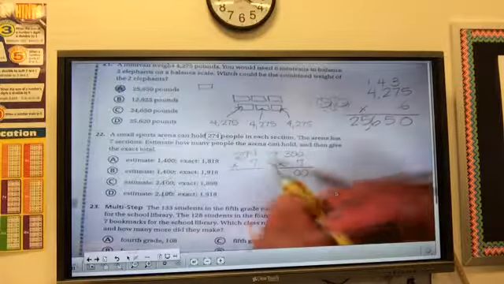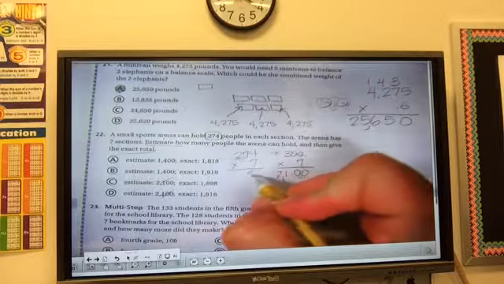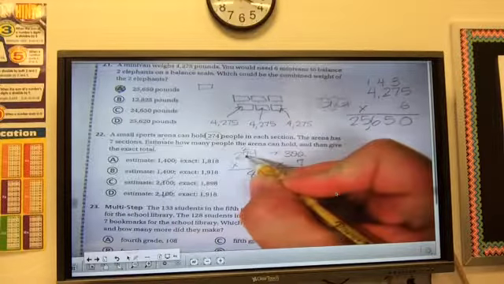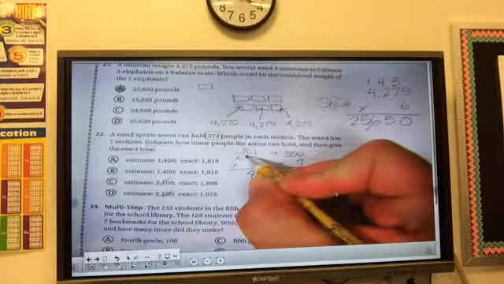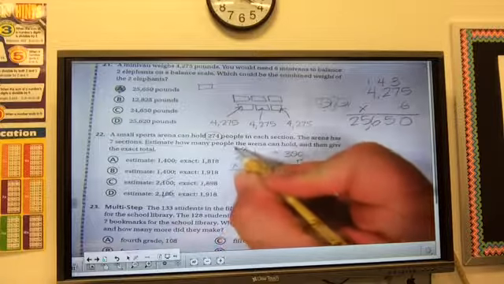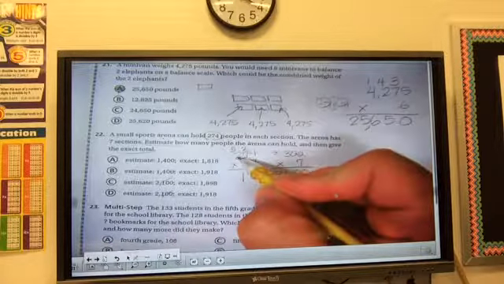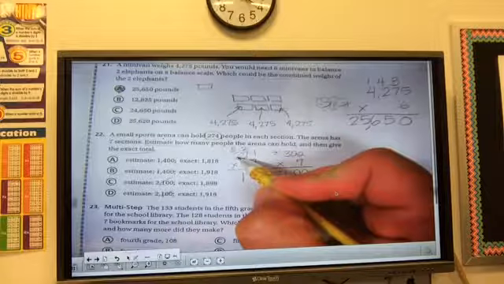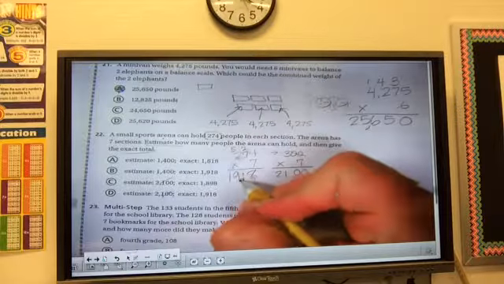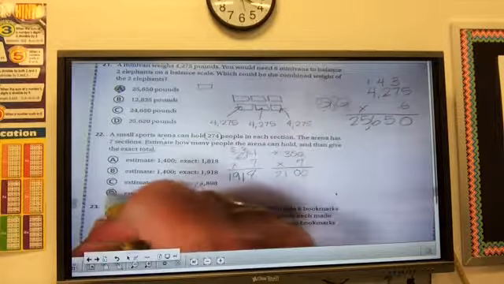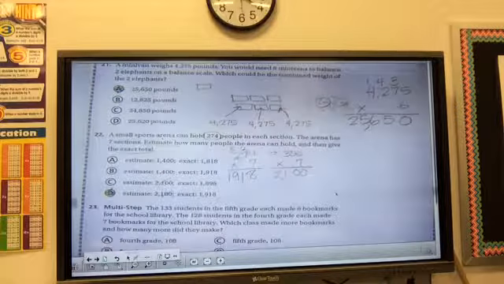So then you do your actual multiplication. 7 times 4 is 28, carry my 2. 7 times 7 is 49, 50, 51, carry my 5. 2 times 7 is 14, plus 5 more is 19. Okay?